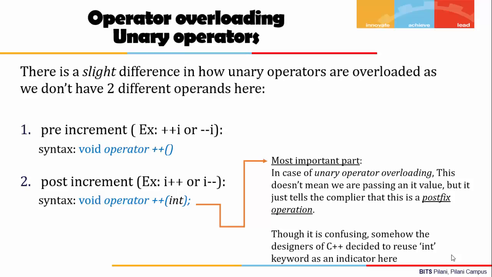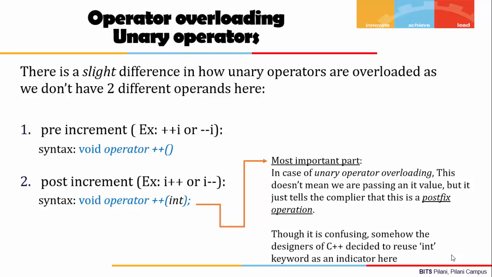This int is not really an argument and it does not mean integer. It is simply a signal to the compiler to create the postfix version of the operator. The designers of C++ are fond of recycling operators and keywords to play multiple roles, and int is the one they chose to indicate postfix.